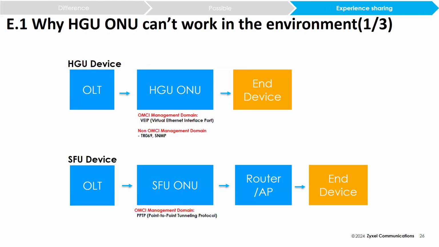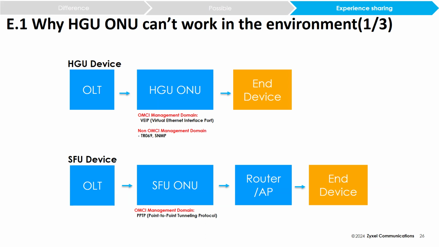Okay, so in this first stage, I will talk about what might be the cause for an HGU ONU to work in a customer environment. From the perspective of G.988, we can see that the NEs used by the HGU ONT and the SFU ONT are different.